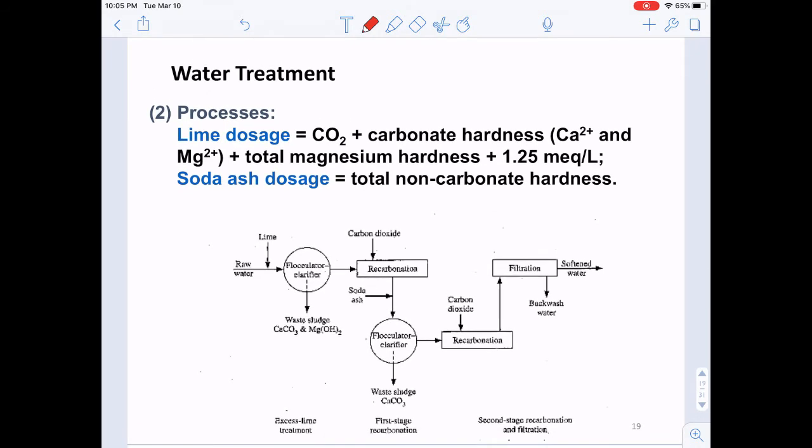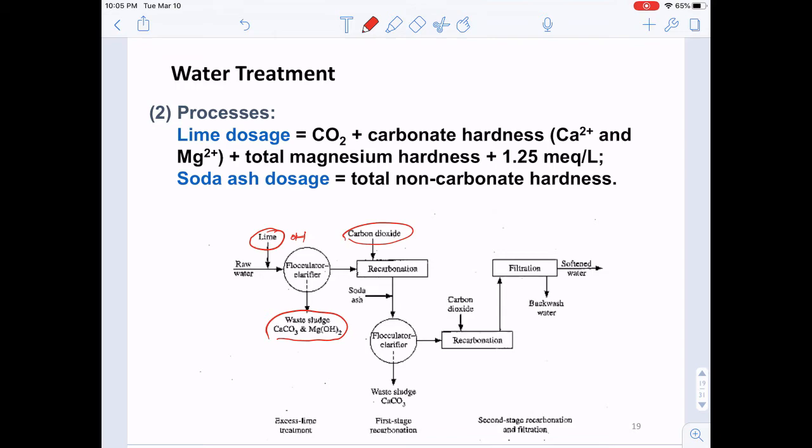And here is a brief process of how we can treat the hardness, right? So first, we introduce the lime into the water, right? The lime is going to form calcium carbonate and magnesium hydroxide, and after that, we introduce carbon dioxide into the water again, mainly because now the water is really basic, because we introduced a lot of hydroxide ions, right?